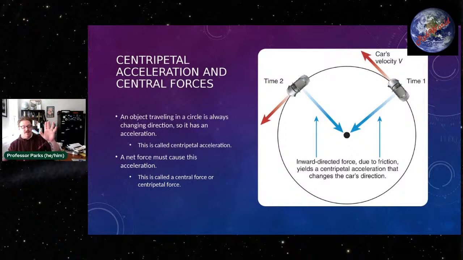So let's say it's traveling at 88 miles per hour. Its velocity is pointed in that direction, so it's going up like this. In order for it to continue around that curve, there has to be a pull, an inward pull, in order to change that velocity vector, that direction of the velocity, down to where you see it in time two.